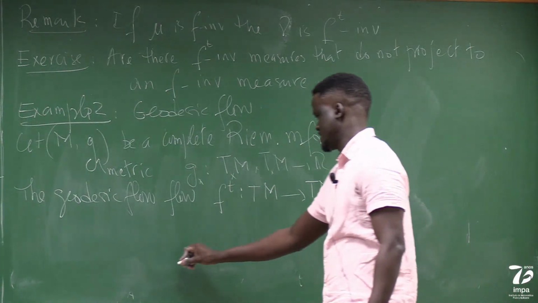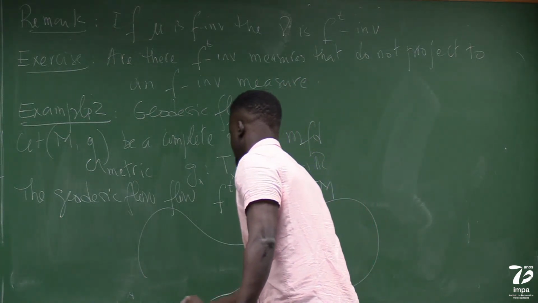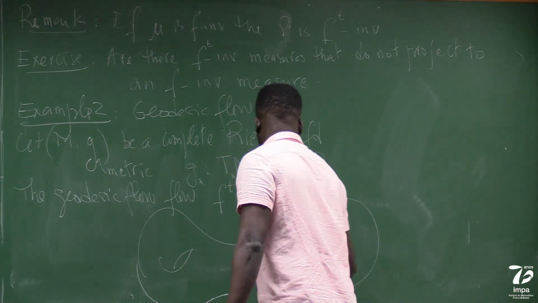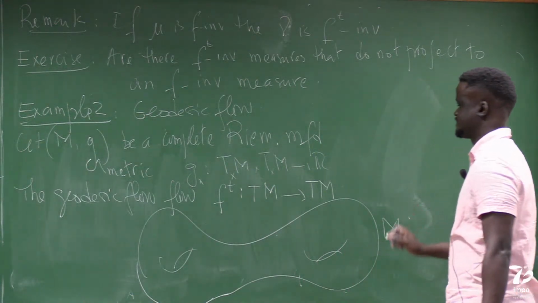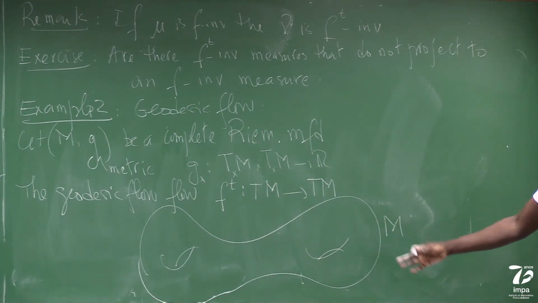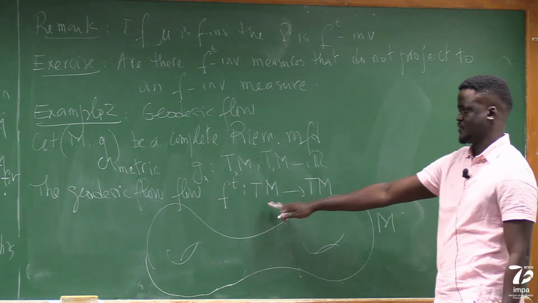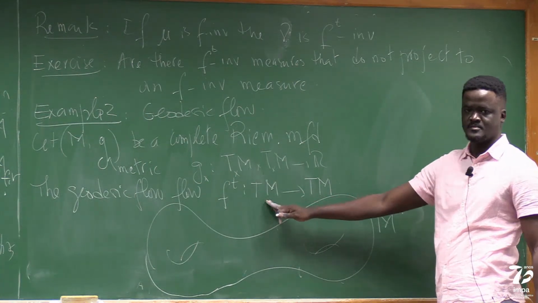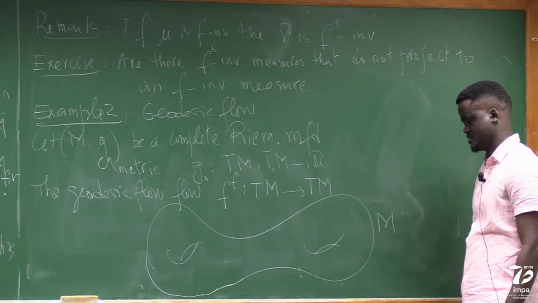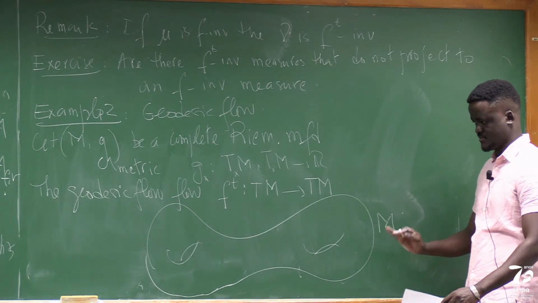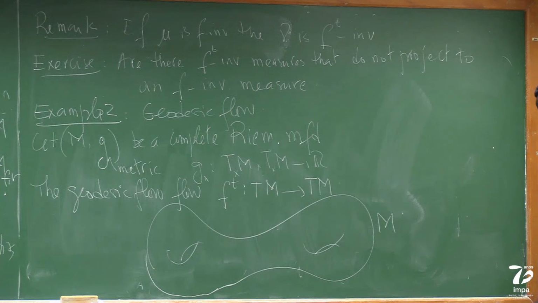Let's say I have my manifold that can be something like this. So this is a surface. When M has dimension 2, TM is the tangent bundle, which is 2n-dimensional, so 4-dimensional. If you don't know about this, don't worry. I'm just saying it here, so if somebody is interested, we can do some nice presentations about ergodicity of some measures.